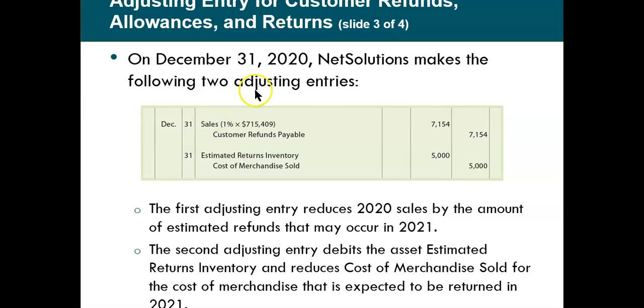So this would reduce the December amount of sales, and then in January, they would simply use up this liability created for those refunds. This is the other part of it. They estimate the value of the inventory coming back to them, and they take it out of the cost of merchandise sold so that the current year can be correct and it is matched up with that.